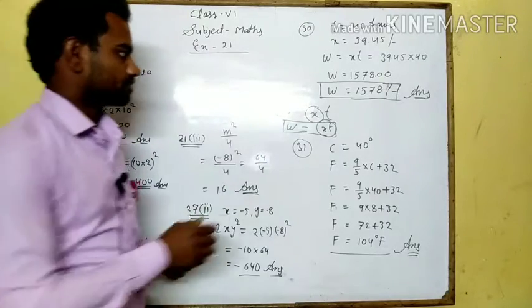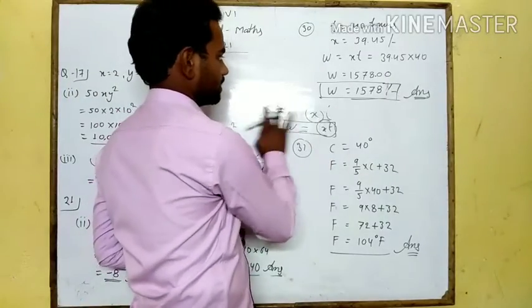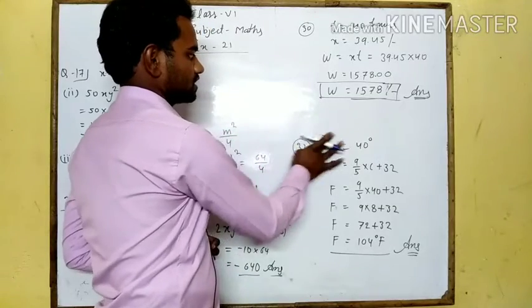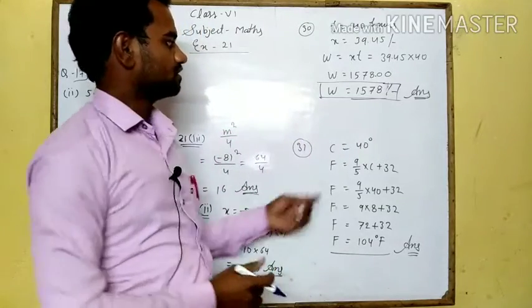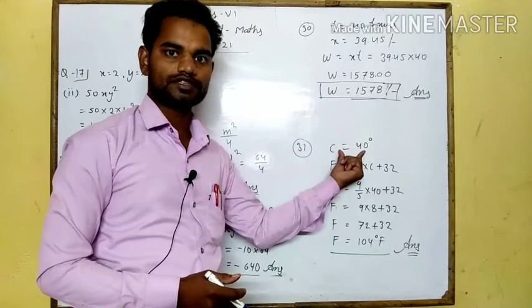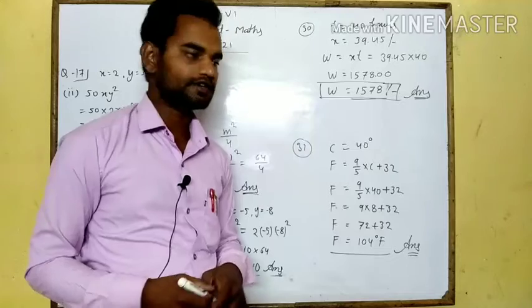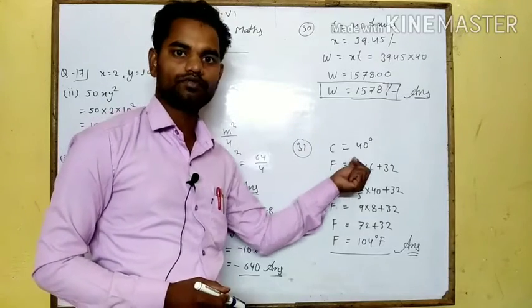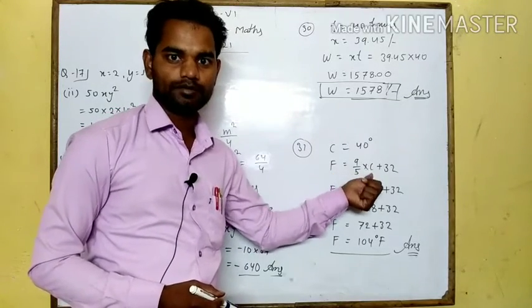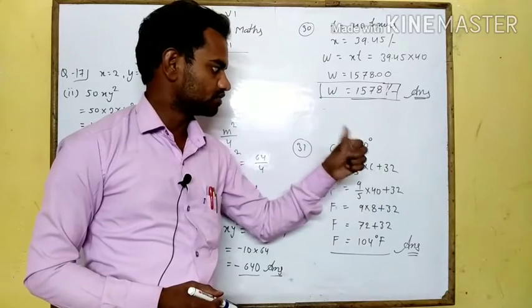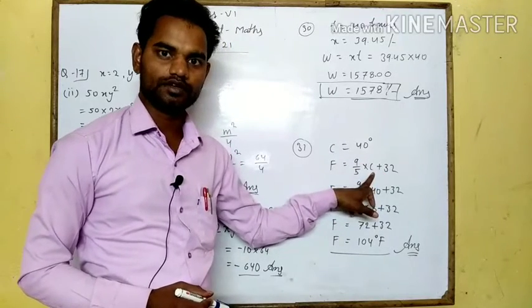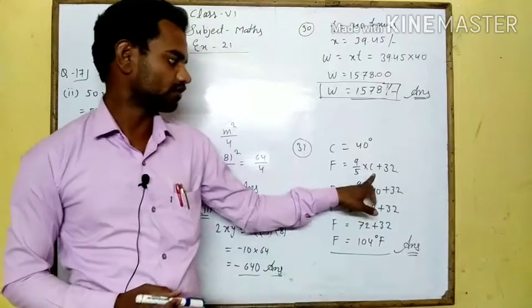Question number 31. This is the conversion of temperature. The temperature in degree Celsius is given, this is 40 degree Celsius. We have to convert this temperature into degree Fahrenheit. You know, F is equal to 9 upon 5 multiplied with C plus 32. Simply place the value of C in this formula.